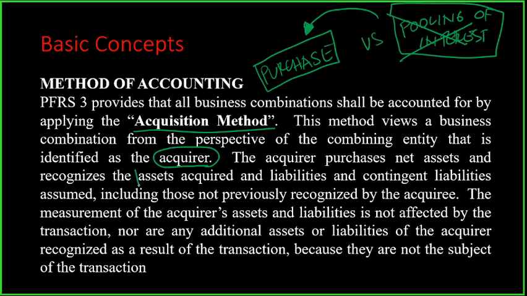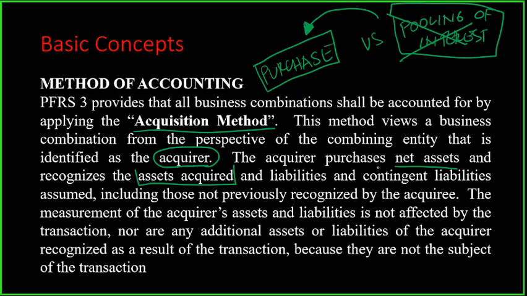There was a question earlier: what about the assets of the parent or the acquirer? Are we going to value them at fair market value? The answer is no, because the subject of the business combination is the net assets of the acquiree.